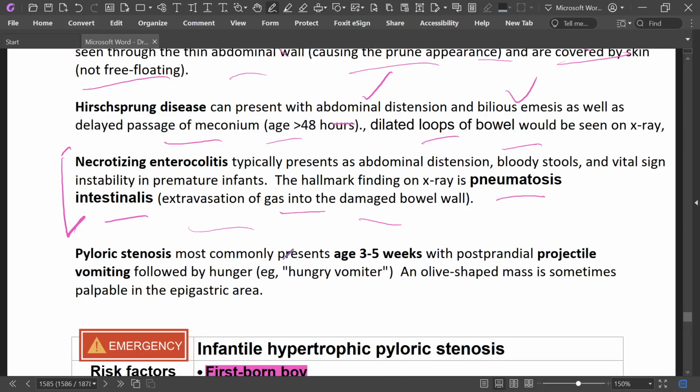Pyloric stenosis most commonly presents at age 3 to 5 weeks with postprandial projectile vomiting followed by hunger. This is the hungry vomiter. An olive-shaped mass is sometimes palpable in the epigastric area.